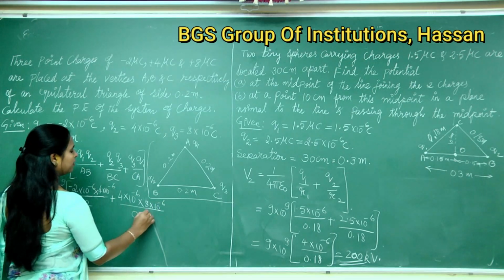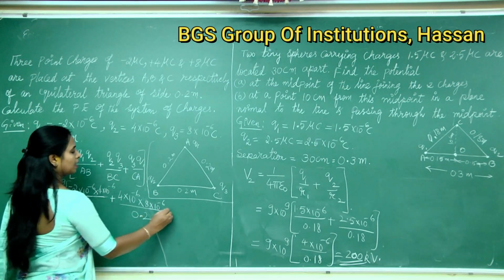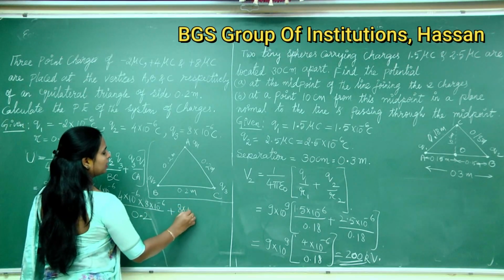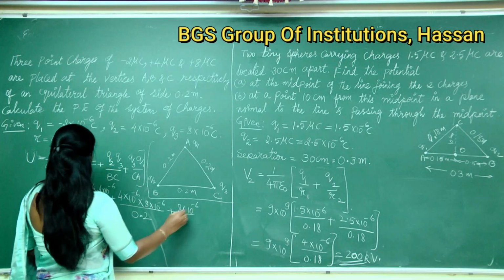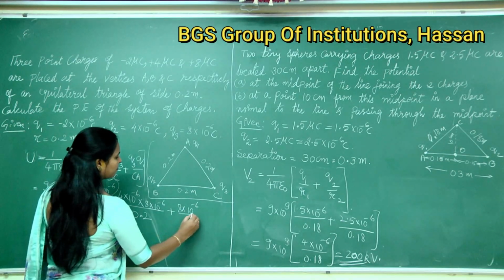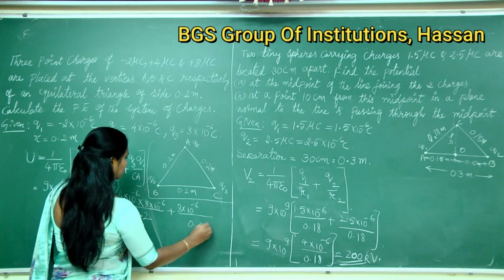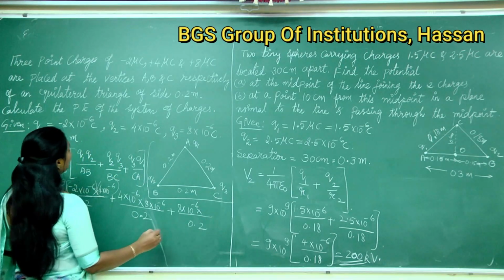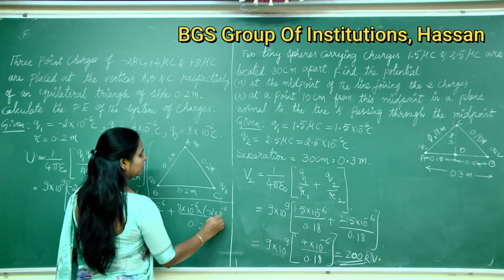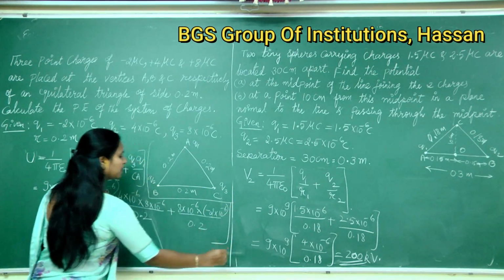Whole divided by, we have the same distance, plus Q3 is 8 into 10 power minus 6 divided by 0.2 into, what is Q1? It is minus 2 into 10 power minus 6.